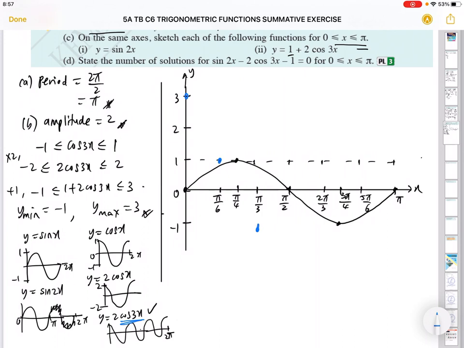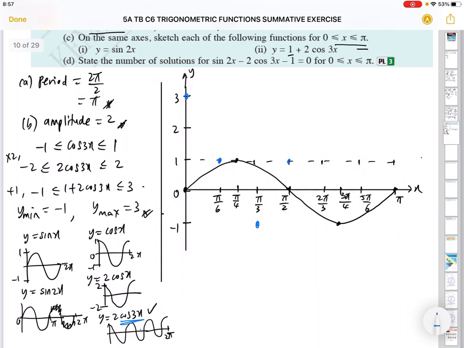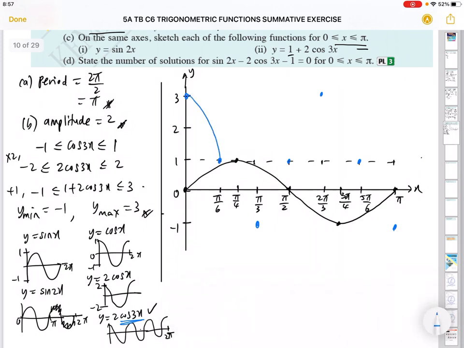Goes back to 3. Comes back down. And down here. Okay, sorry, this line is a bit ugly. One more time. 1, 2, 3, 4. Okay, you have to draw 1, 2. Okay, not too bad looking.